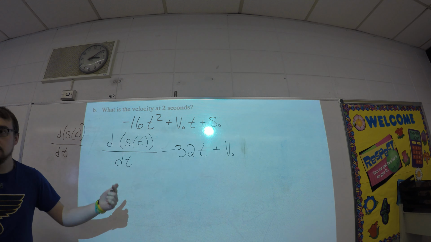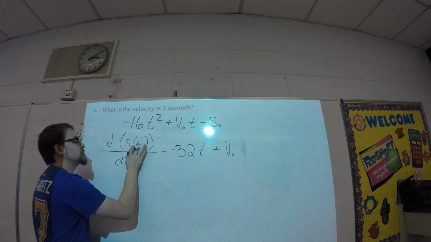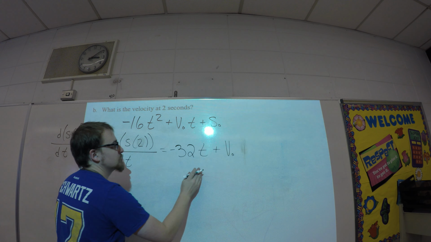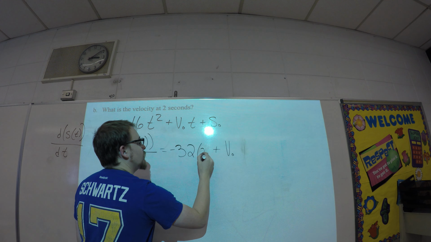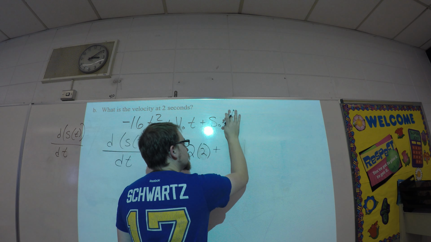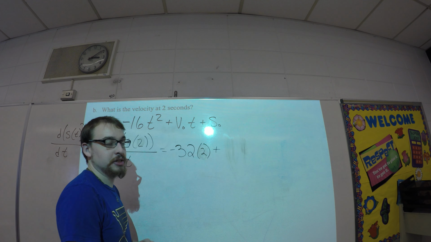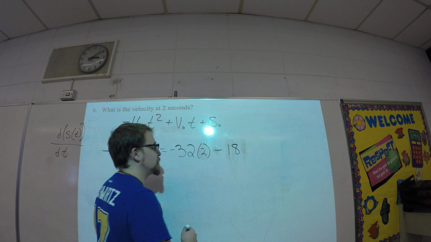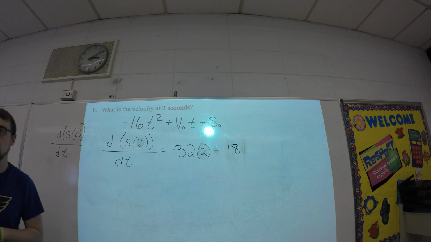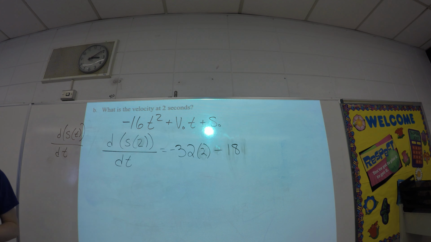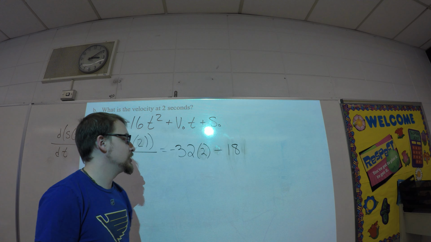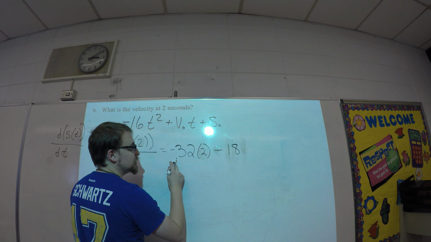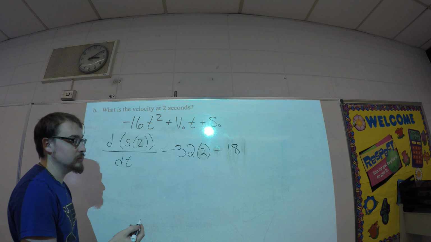So what's the velocity at 2 seconds? Well, what they're asking is, what happens when you plug in 2? What was our initial velocity? Negative 18, right? Feet per second. Negative 32, when you derive that, you're going to get feet per second as well. So it's all just feet per second when you do all this together, so we're good to go. It's going to be negative 64 minus 18.